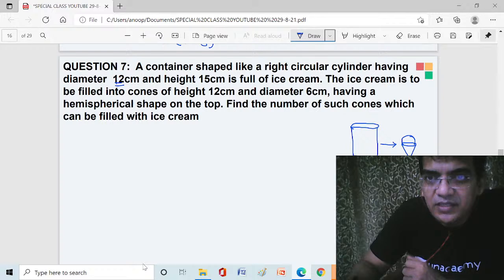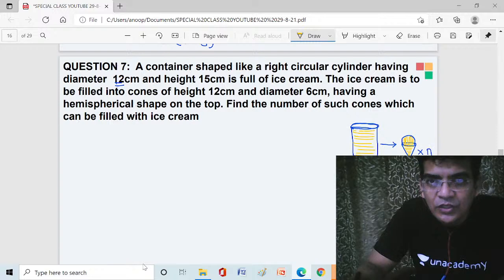See, first try to understand this. This was a cylindrical container, and this cylindrical container was full of ice cream. So whatever will be the volume of ice cream. Now they say this ice cream is transferred into cones. So first you are filling up the cone, and then on the top of the cone you have hemispherical shaped ice cream like this.